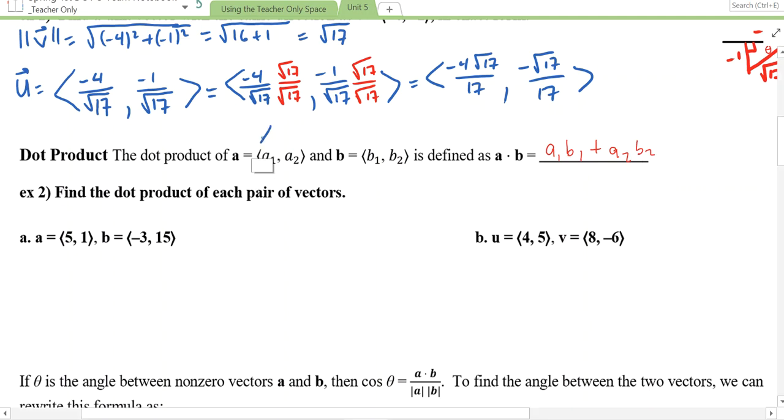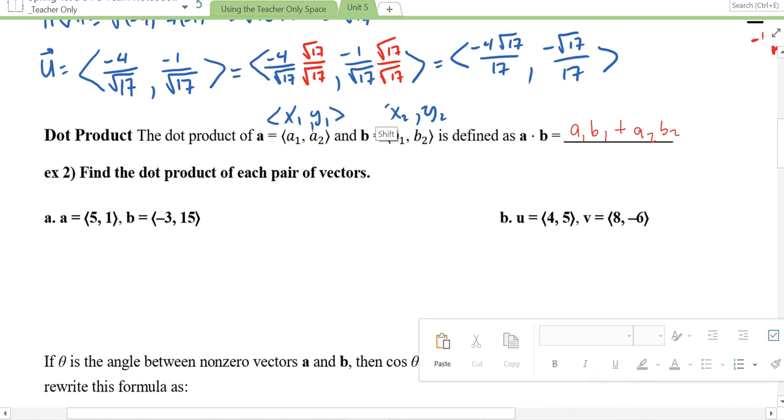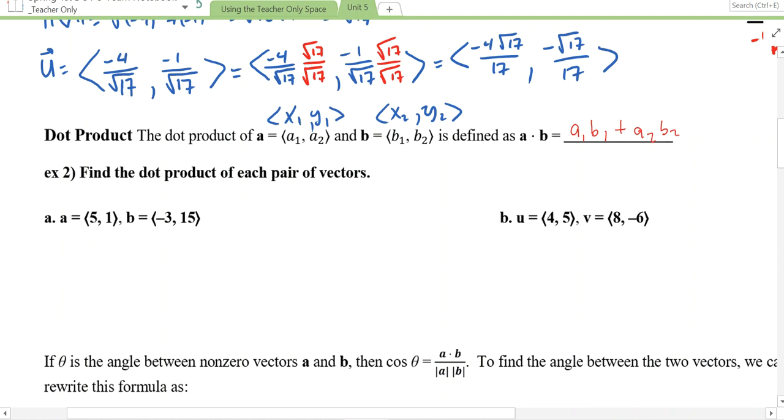So this is the first x, this is the first y, for our first point, which is the A. And then this is the second x and the second y. Oh, hang on. These are vectors. I like to do this because this is more like the notation you're used to from finding slope. That's why I prefer it.